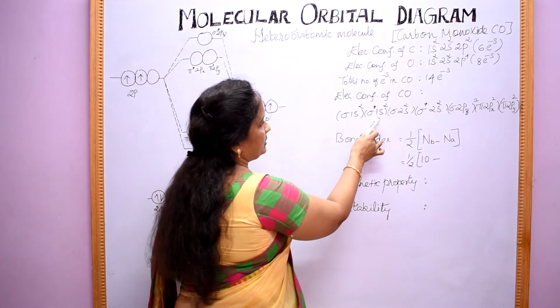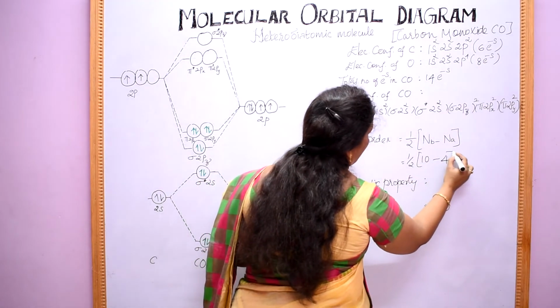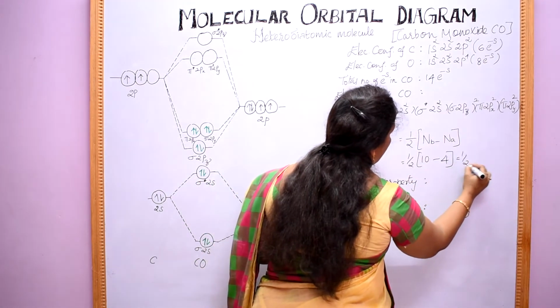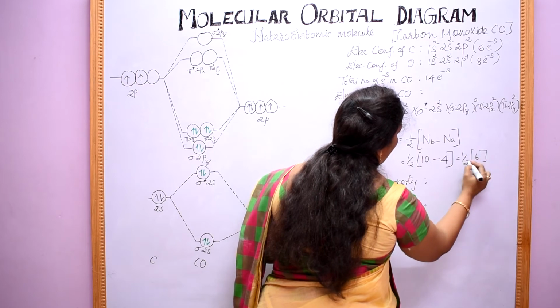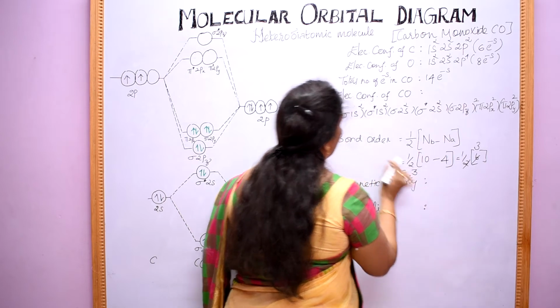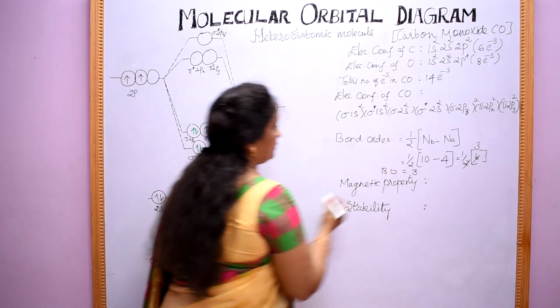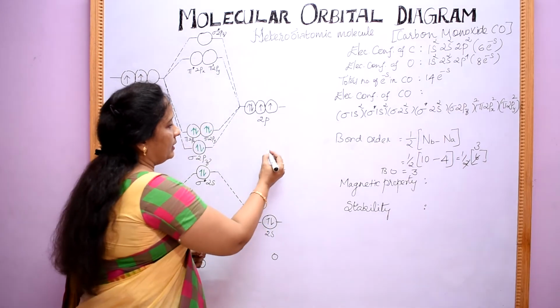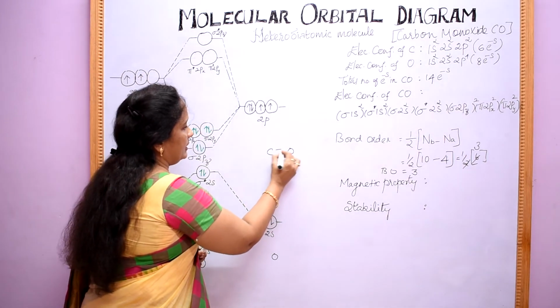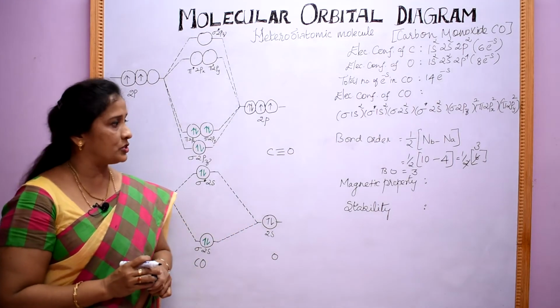Calculate the number of electrons in the anti-bonding orbitals: 2 and 4. So 10 minus 4, 6, half of it is 3. So the bond order in the carbon monoxide molecule is 3. Therefore, the bond between carbon and oxygen is a triple bond.